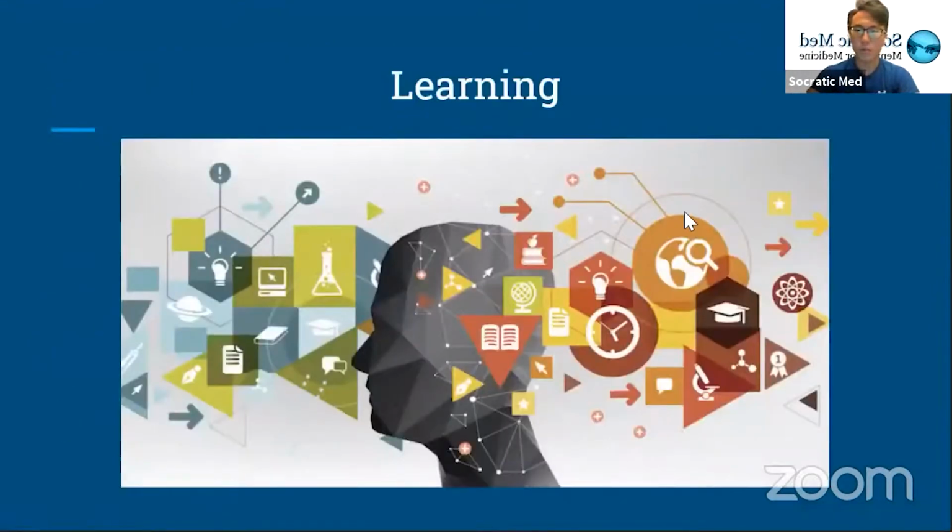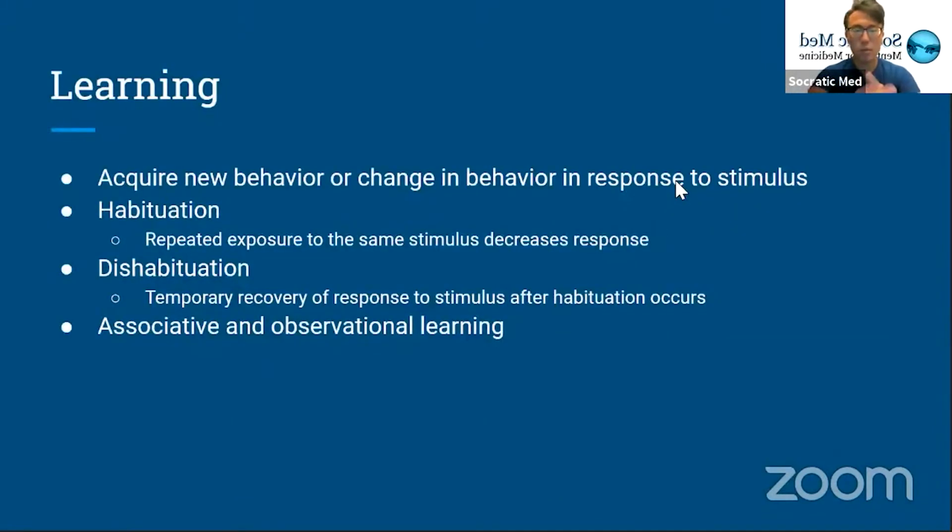So I'm going to go over learning, specifically learning new behaviors or changing an old behavior in response to a stimulus. There are two different things. Habituation is when repeated exposure to the same stimulus decreases a response.